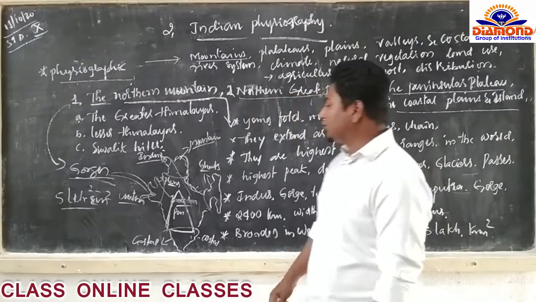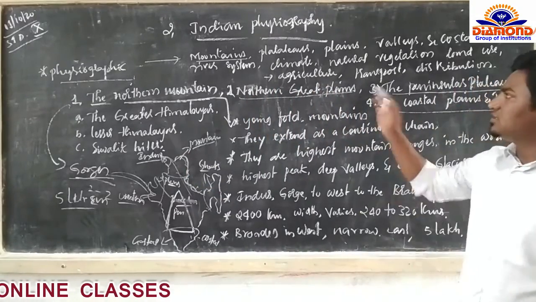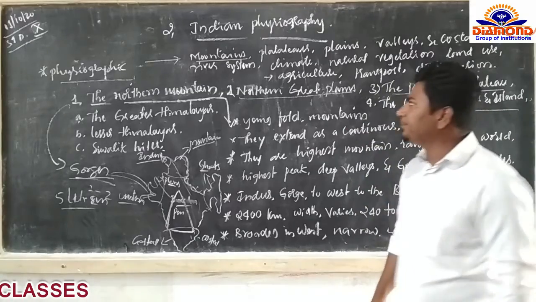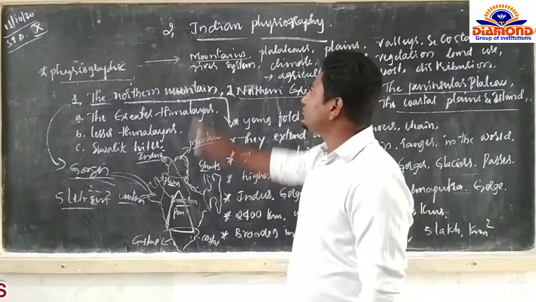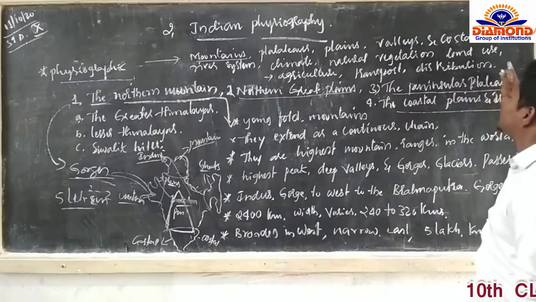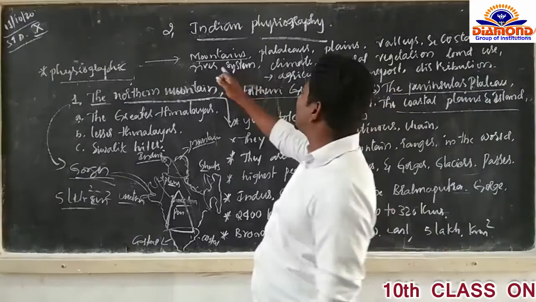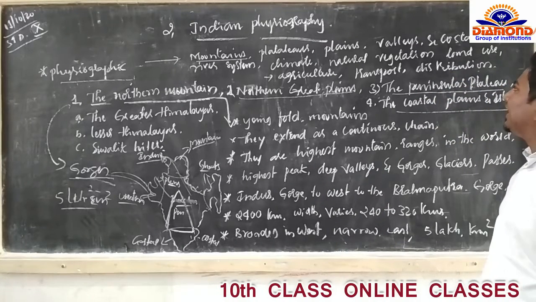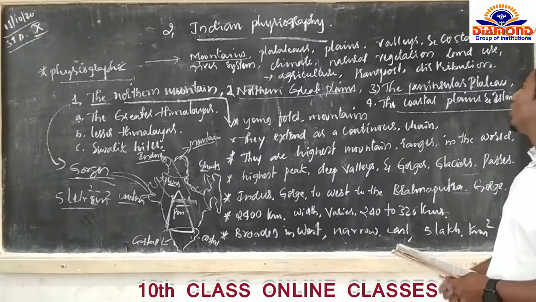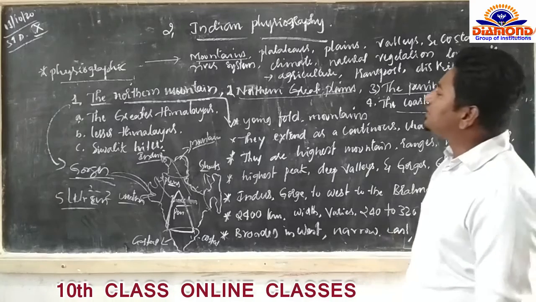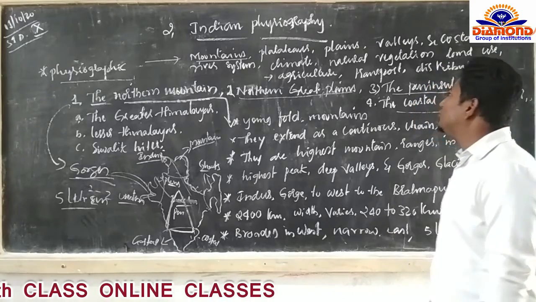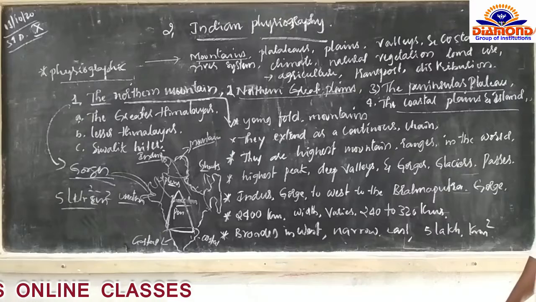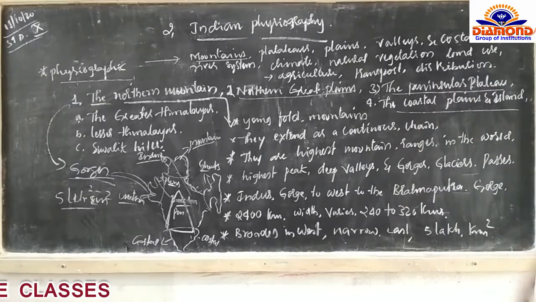Dear student, you need to understand this. The Indian physiography division has all these features: mountain ranges and plateaus, and also plains, valleys, and coastal areas, river systems, climate, natural vegetation, land use, agriculture, transport, distribution.